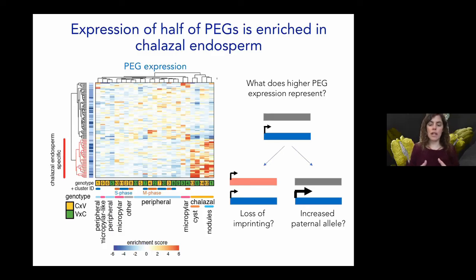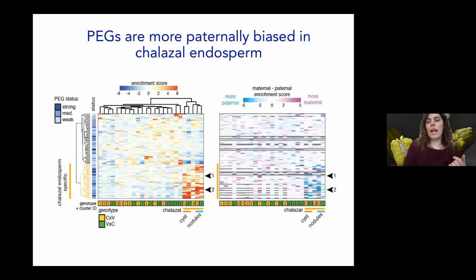So from our data, we were also able to look not just at total gene expression, but allele-specific expression, obviously. And so now if we calculate a maternal-paternal enrichment score, if something is more blue, it's become more paternal compared to the other clusters. And if something is purple, it has become more maternal.